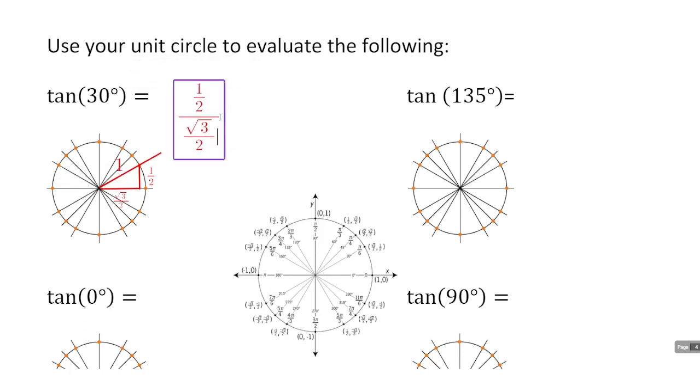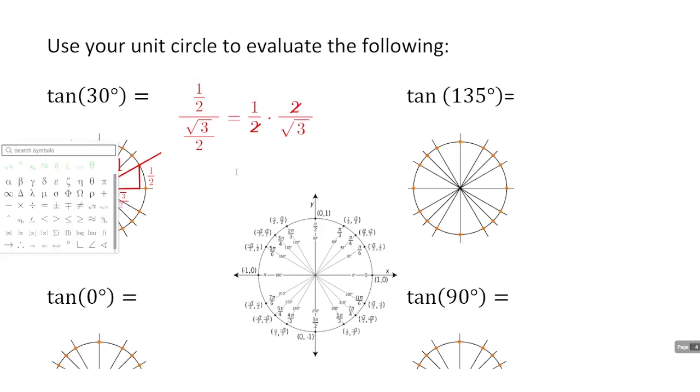When we're dividing fractions, that's equivalent to multiplying by the reciprocal. So this would really be 1/2 times 2 over root 3. Now 2 over 2 reduces to just 1, so we can cancel out these two factors, and we get 1 over root 3.